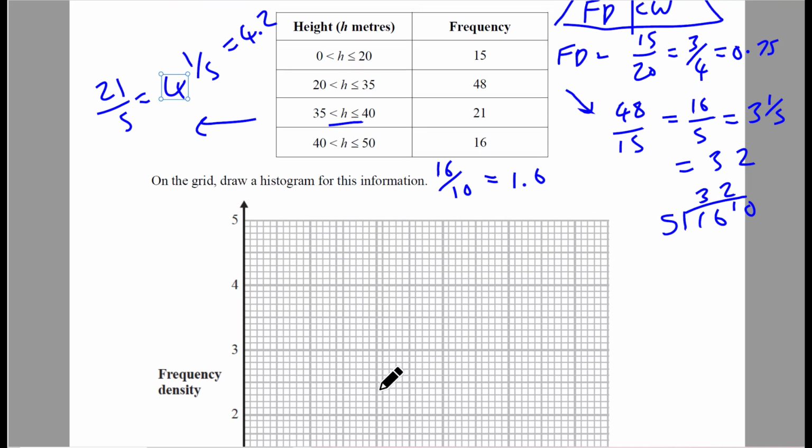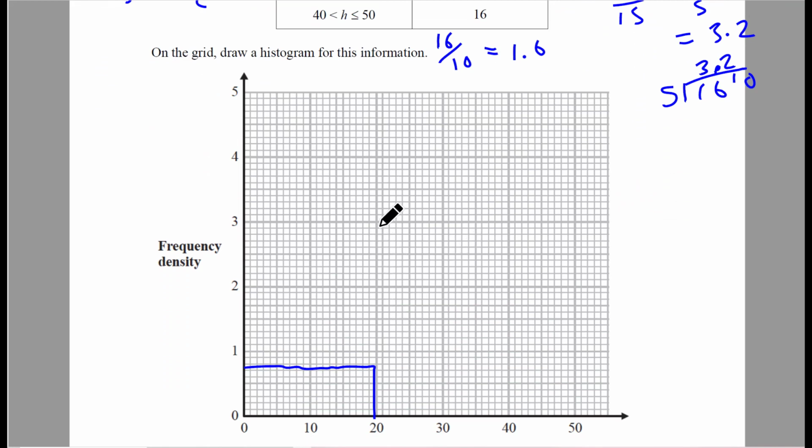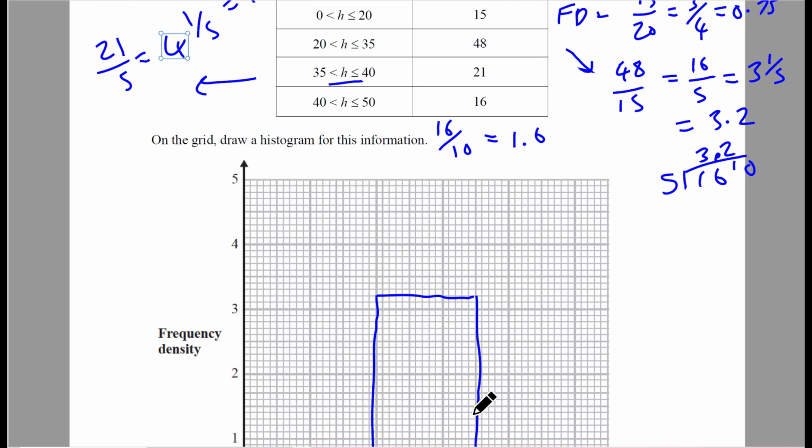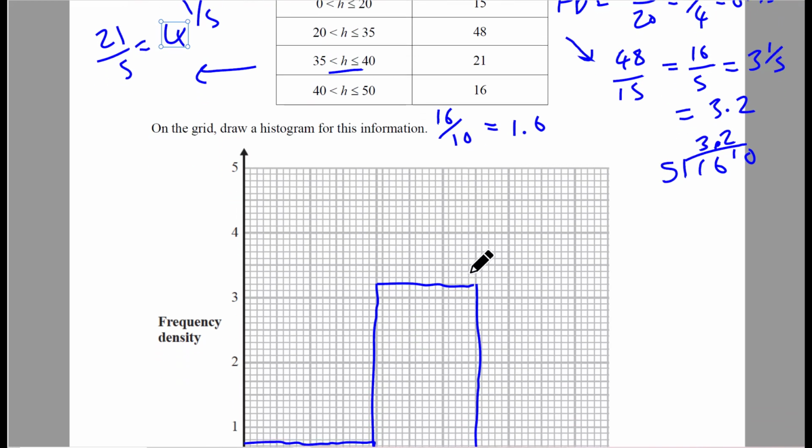Now from 20 to 35 it is 3.2. It's 35 to 40 is 4.2.